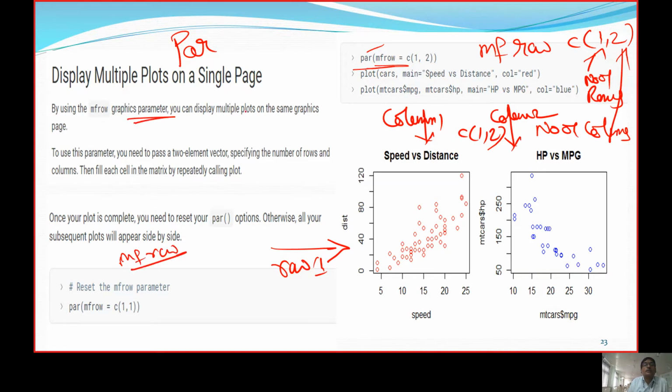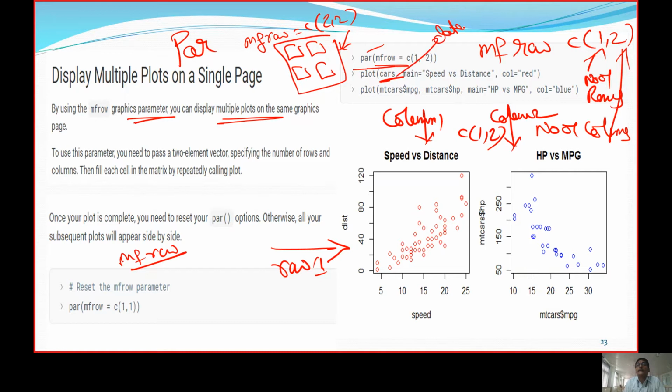It is a graphic parameter to display multiple plots on the same graphics page. For example, if I say MFROW is equal to C of 2 comma 2, that means you can put 4 graphs here. The rest is fine, right?